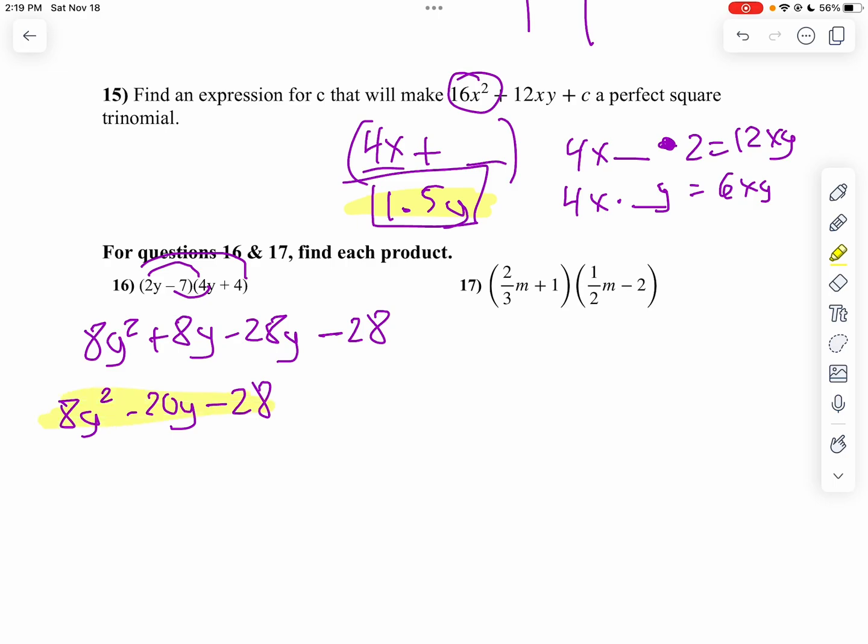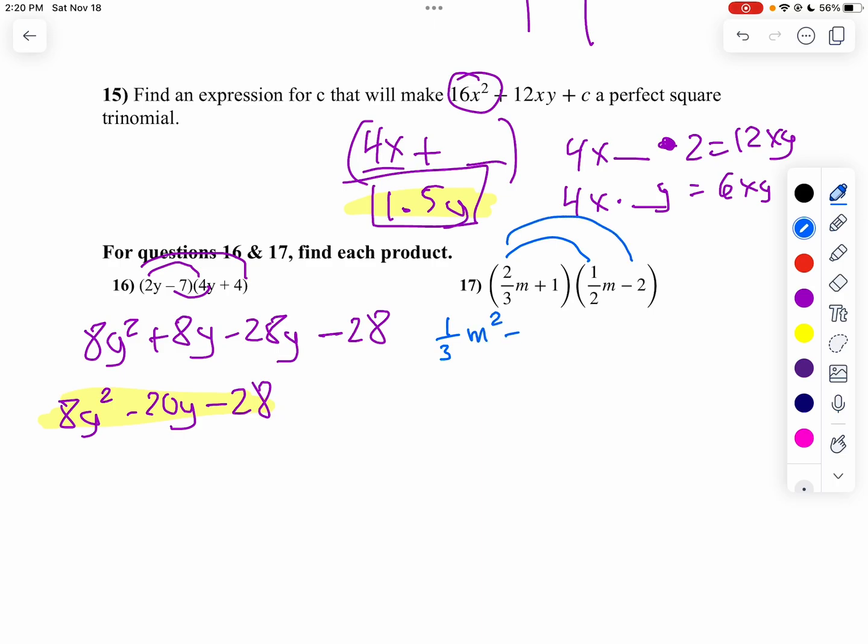We do the same thing on 17, except we've got some fractions to work with. 2/3 times 1/2 would be, the 2's reduce, so I'll get 1/3 m squared. 2/3 times negative 2 is negative 4/3 m. And then 1 times 1/2 would be positive 1/2 m, minus 2. Now I can combine my middle two, so I'm just going to write 1/3 m squared for now.